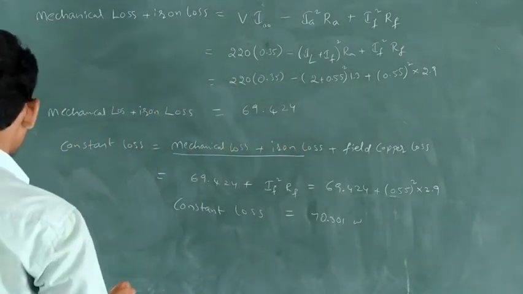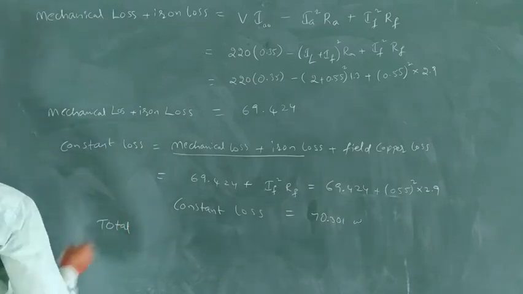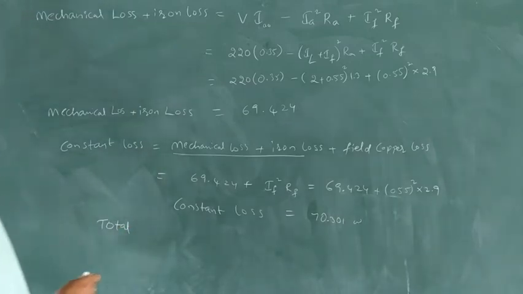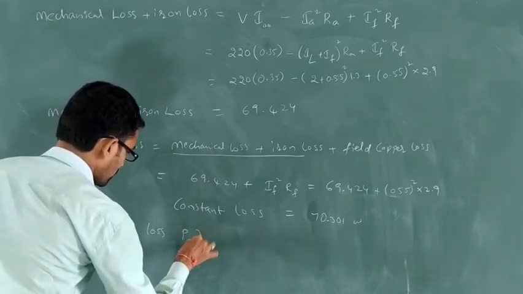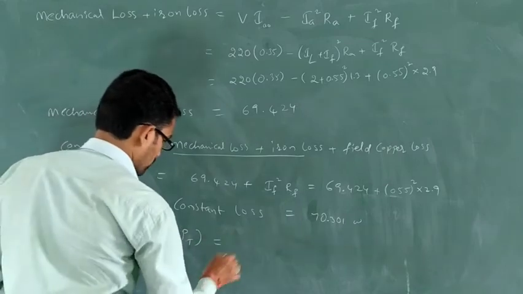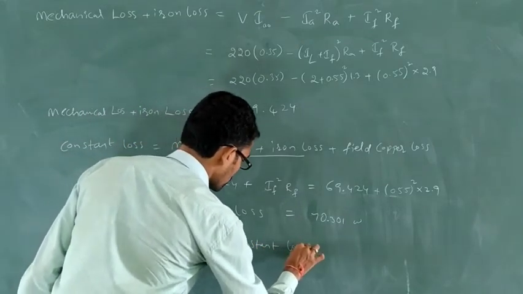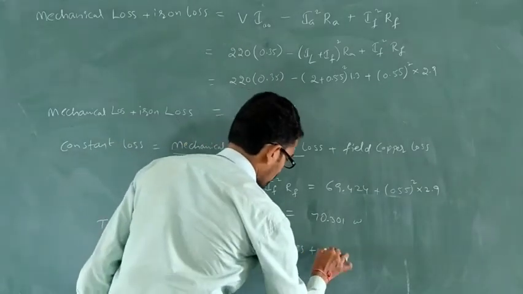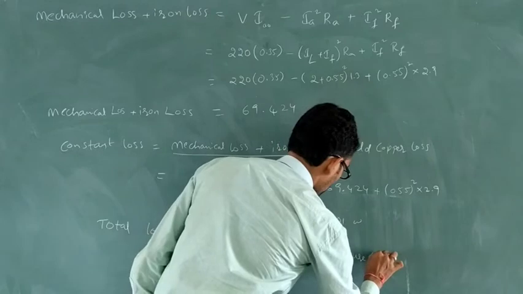Then I am calculating total loss, that is P total. So constant loss plus variable loss, that is armature copper loss.